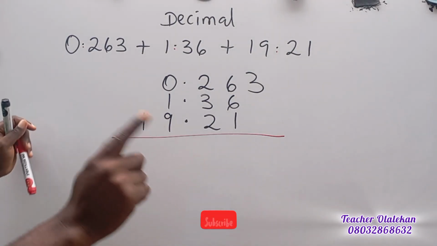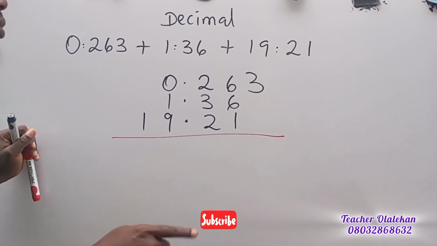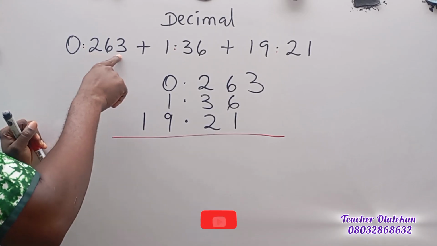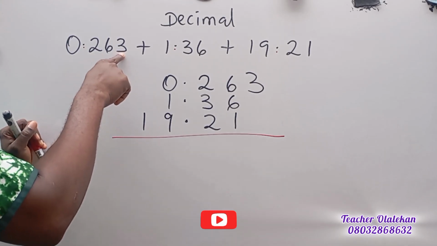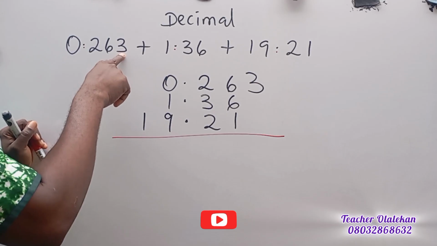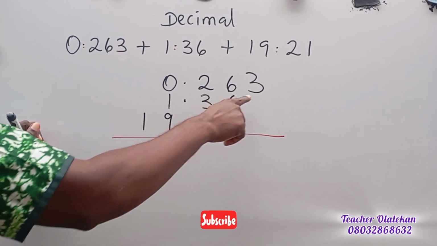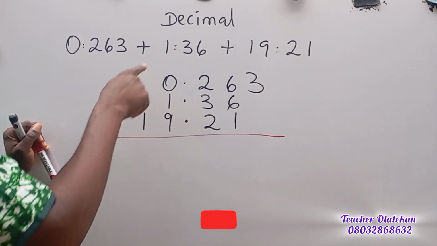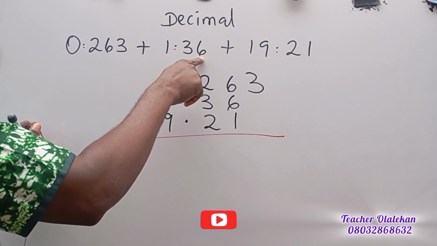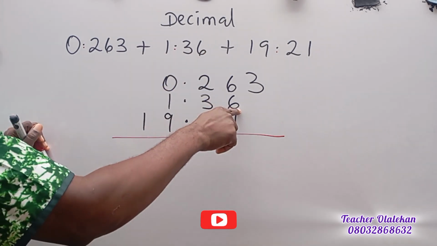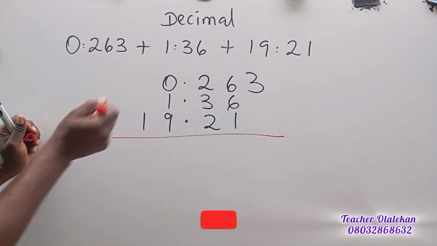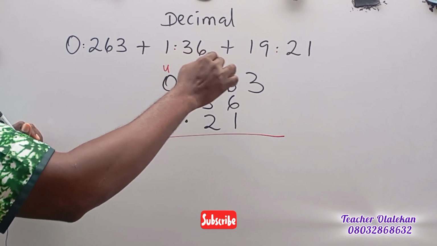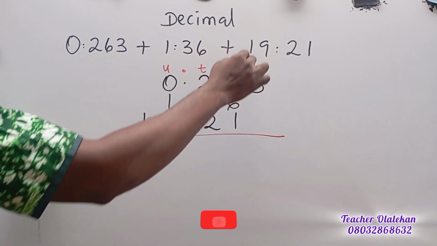And what I meant by the place value is this. You will see that the lowest place value here is the thousandth. So the thousandth, we have nothing under it, whereas the lowest place value in the others is the hundredth. So if you put the place value on them, this is the unit, your decimal point, your tenth, your hundredths, and your thousandths, right?